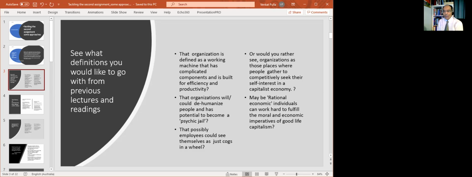Maybe rational economic individuals can work hard to fulfill the moral and economic imperatives of a good life, capitalism. So it depends upon where you're coming from, what you're driving. If you want to drive it in a very Marxian approach, then there is a different methodology that you'll be utilizing in order to see this particular case study.